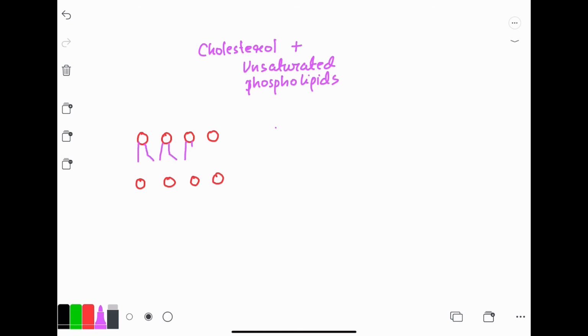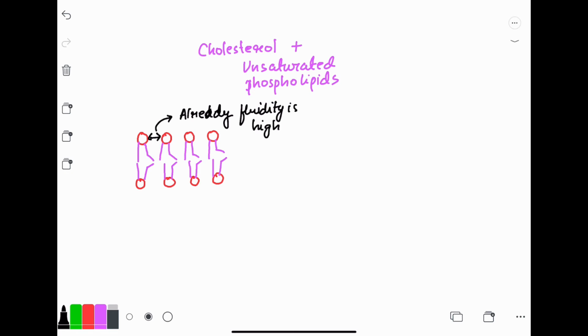You see, they cannot get packed tightly because of this bend or kink in their hydrocarbon side chain, and their fluidity is already high. As you can see, there is space because of this bend. So in a plasma membrane with a high amount of unsaturated phospholipids, the fluidity will be high, right?